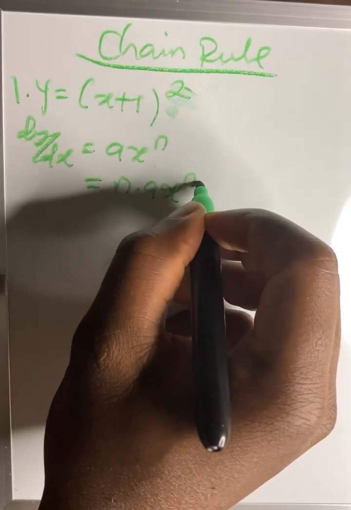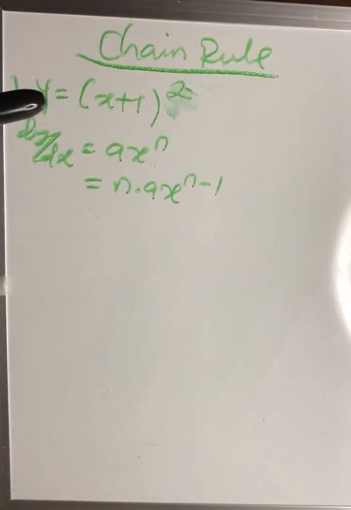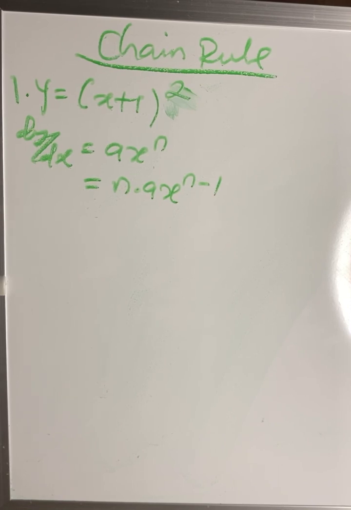The power also we minus it 1. We can use this formula to solve this particular example because the power is still small. It's not that magnitude. For example, if the power is 10, it will be very, very complicated for us to solve. That's why we will employ this chain rule in this example.